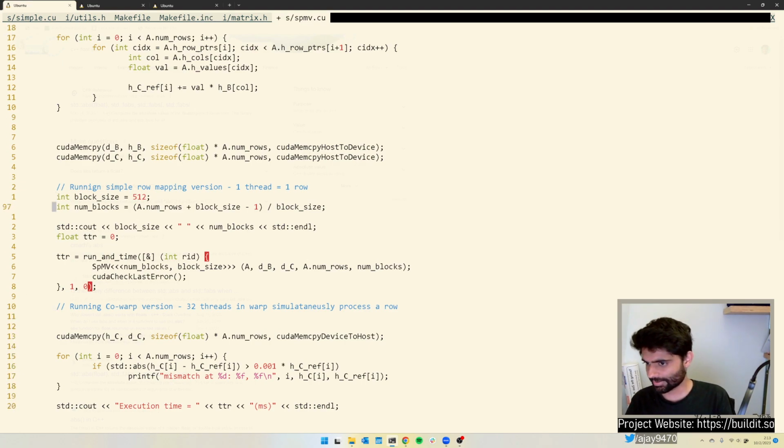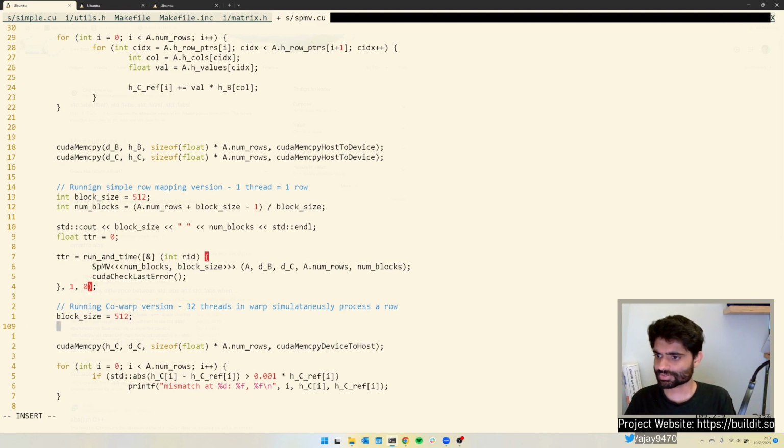The block size remains the same, 512. Then num blocks equals, but I need more threads. I need 32 times the number of threads for each row. So num rows times 32 plus block size minus 1, divided by block size.